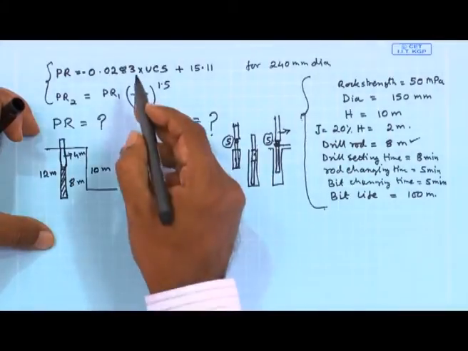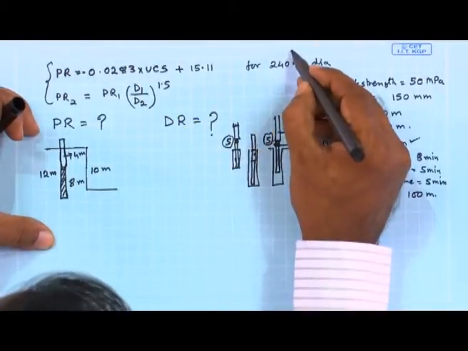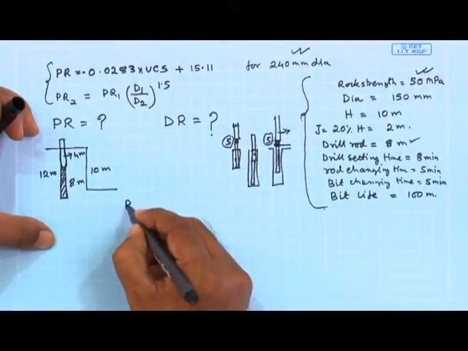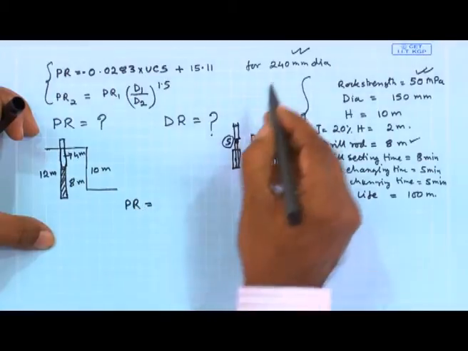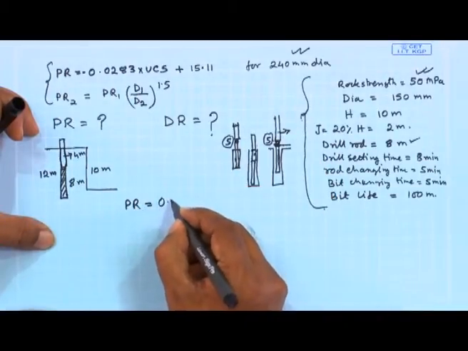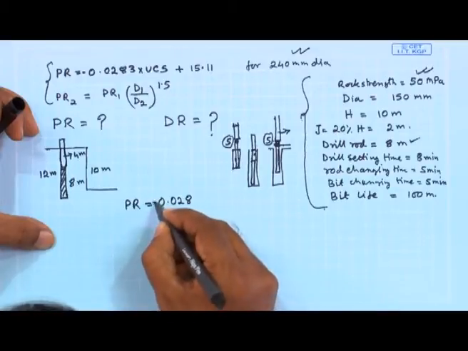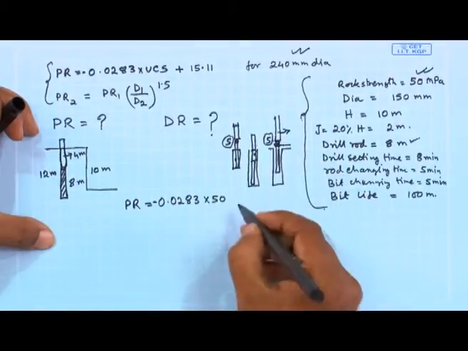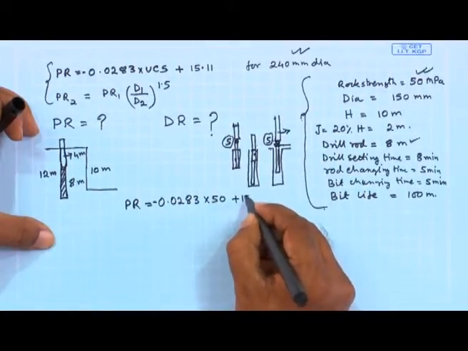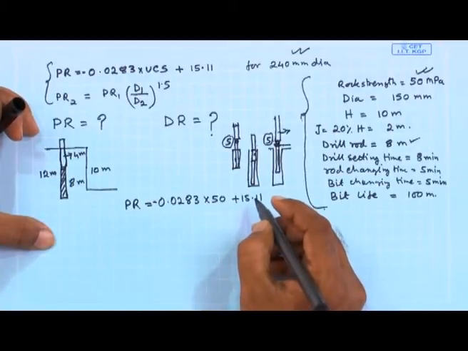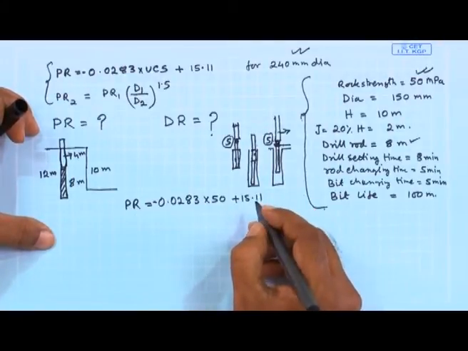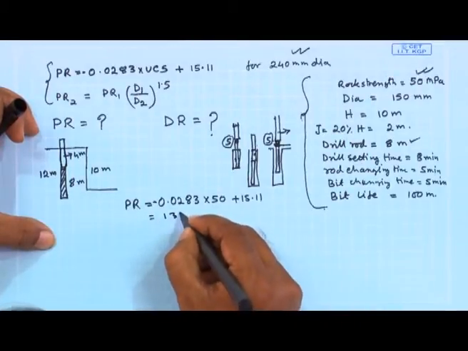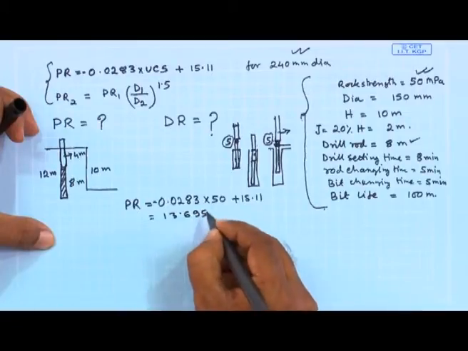Penetration rate is directly given for 240 mm diameter. Using this rock strength, we can achieve that PR for 240 mm diameter, it is 0.0283 minus 0.0283 into 50, where UCS is expressed in MPa, plus 15.11, and that gives us a value close to 13.695.